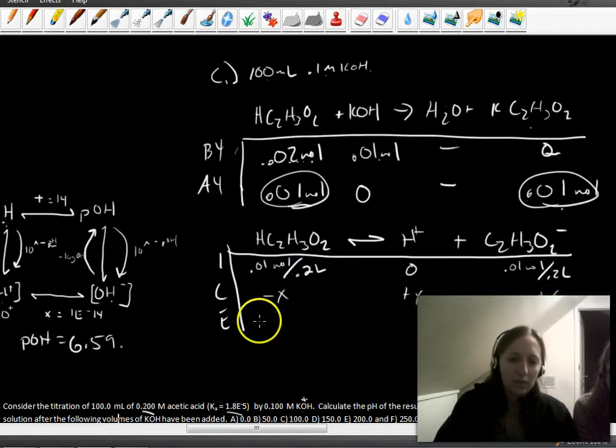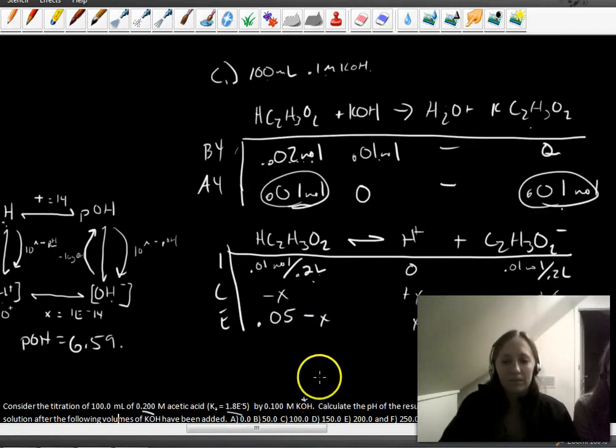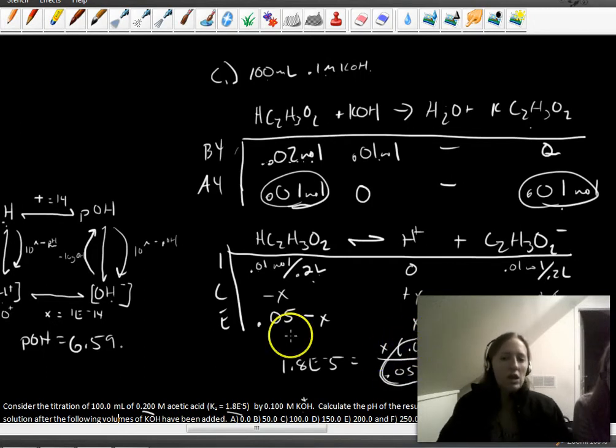And this ends up being 0.05, by the way, 1 over 2, right? 0.05 minus x. This is x. This is 0.05 plus x. And the math ends up being really pretty: 1.8 e negative 5 equals x times (0.05 plus x) divided by (0.05 minus x), which you cancel your x's, and well, heck, you can cancel, look at that, 0.05 over 0.05.